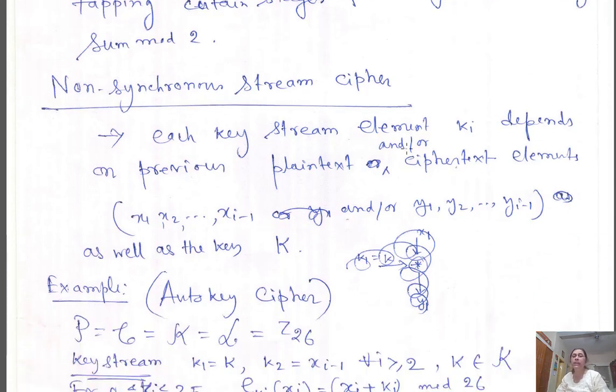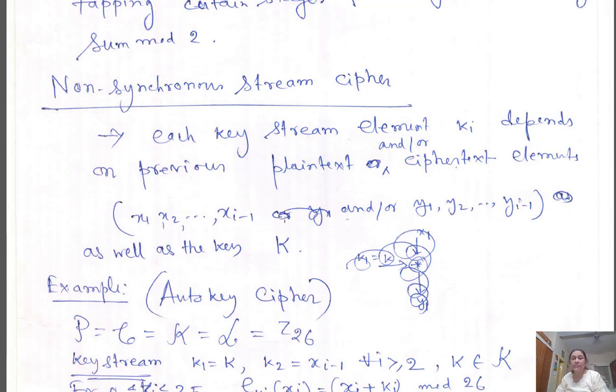In a non-synchronous stream cipher, as I said, when you produce the key stream from the initial key, the key stream generation not only depends on the initial key, it also depends on the previous ciphertext elements or previous plain text elements, or maybe both. So the ith digit of the key stream may depend on x1, x2, up to xi minus 1, the previous i minus 1 plain text, or y1, y2, up to yi minus 1, the previous i minus 1 cipher text.